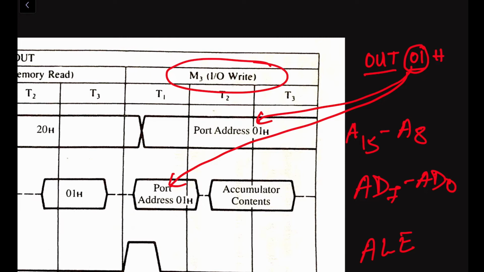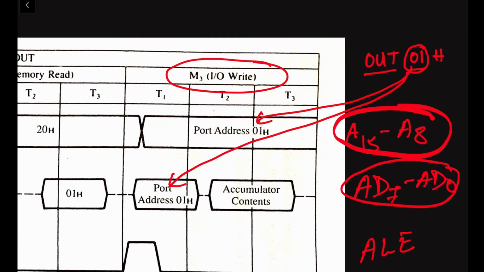Because this 01 is an 8-bit address, and in the 8085 microprocessor the overall address bus is a 16-bit memory address. So as we have an 8-bit address, we will load the address of the output device into both the address data multiplex bus as well as the address bus.